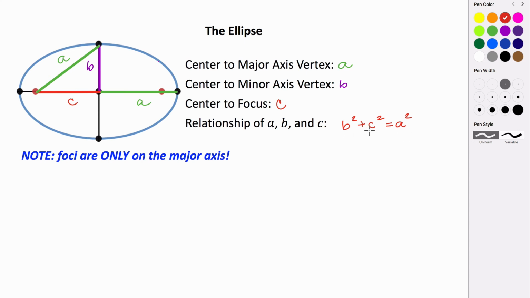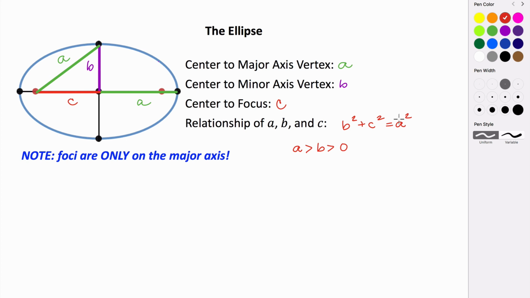Normally, we think A squared plus B squared equals C squared, but the longest of these lengths is A, so that's going to make it the hypotenuse here. Also, we know that A is always greater than B, because again, it's the longest length, and they are always going to be positive. You'll never have a negative measure for your major axis or your minor axis distance.